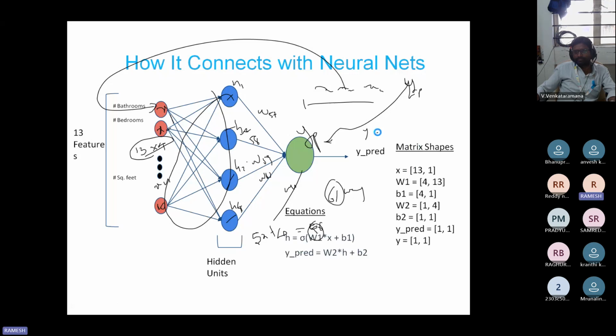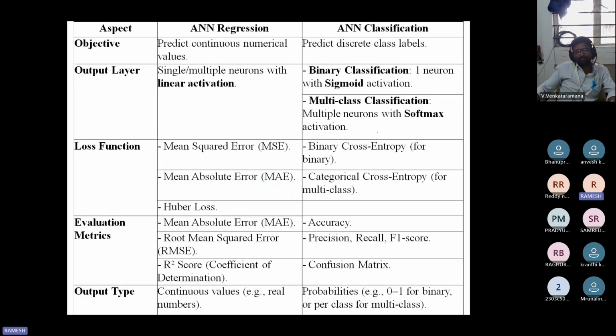Now, as of now we have seen the regression artificial neural network. Now what should we change? What could be the changes when we come to the classification problem? So here, what is the data set? We can't implement a classification problem blindly. First we should check the data set.